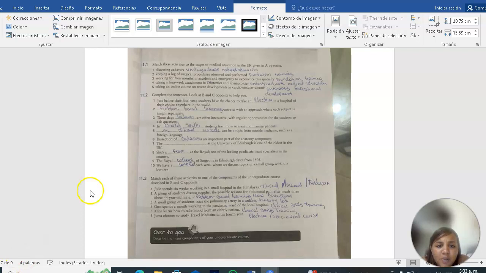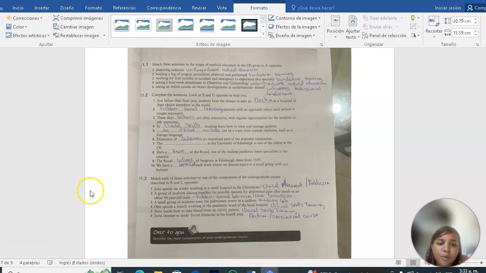Match these activities to the stages of medical education in the UK given in A opposite. Dissecting cadavers: undergraduate medical education. Keeping a log of surgical procedures: foundation training.